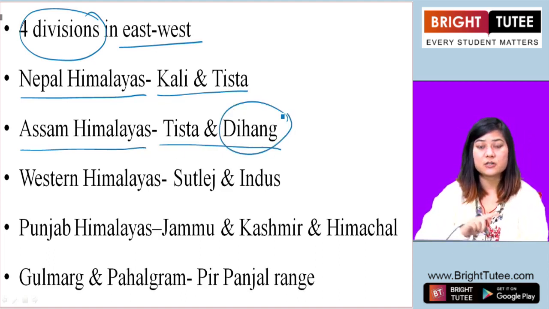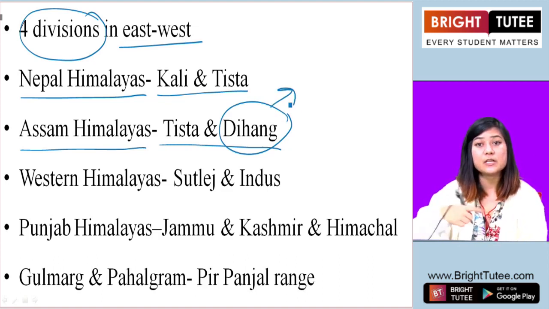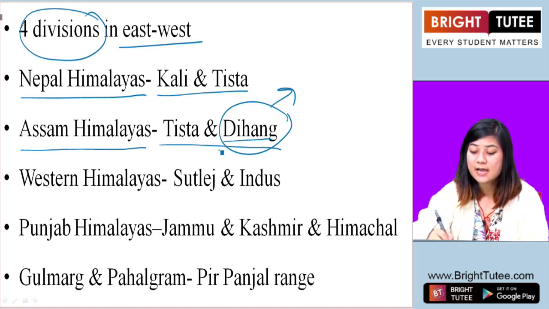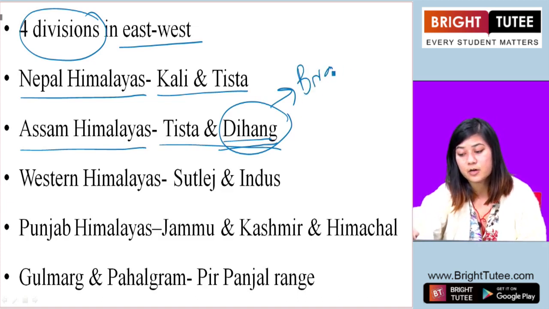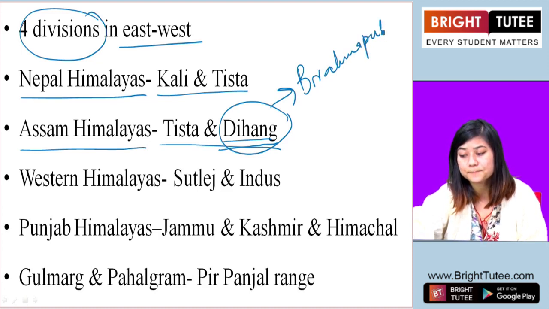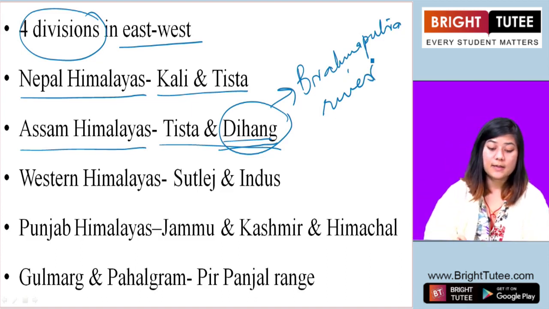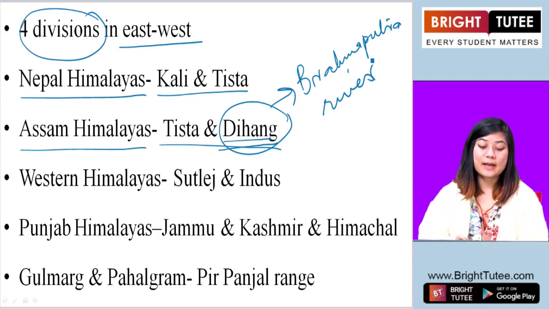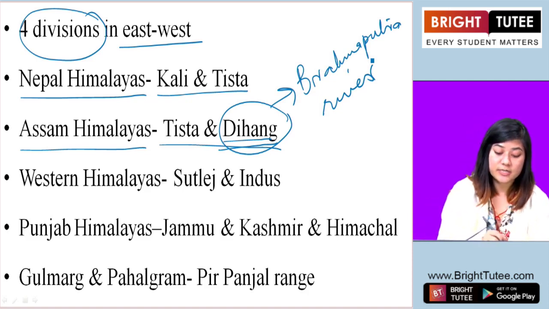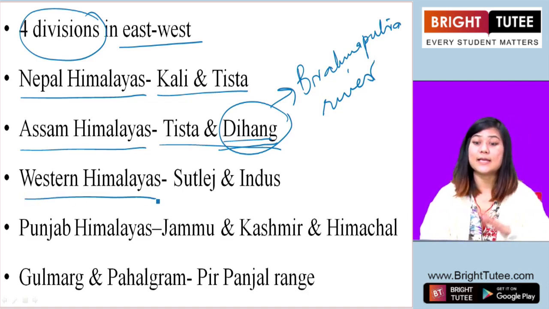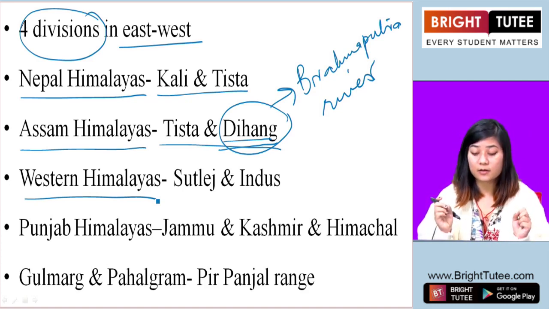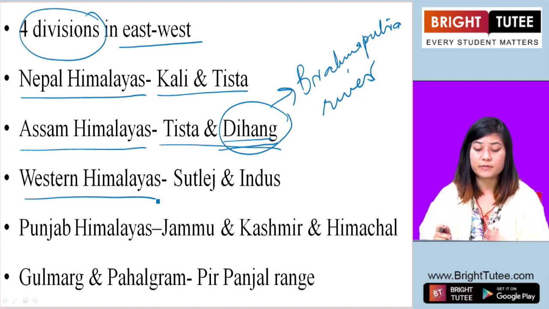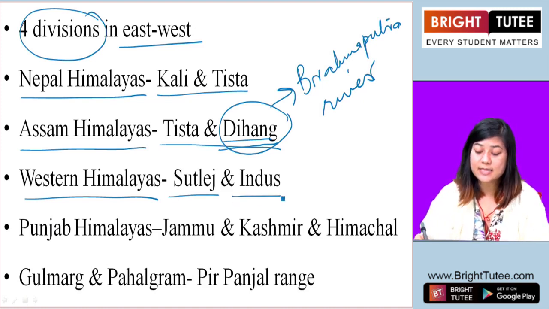Dihang, if you just go back to what we learned about the Brahmaputra river, is another name given to the Brahmaputra river. So do not get confused. And apart from Nepal Himalayas and Assam Himalayas, the third division is the Western Himalayas, the Himalayas in the west. This range is located between two rivers which are Satluj and Indus.